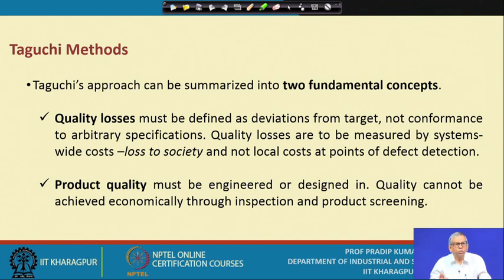So the quality losses you have to measure, and as far as possible these quality losses must be measured in monetary terms, and product quality must be engineered or designed in. Quality cannot be achieved economically through inspection and product screening.